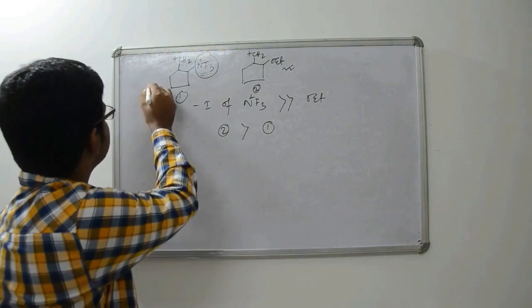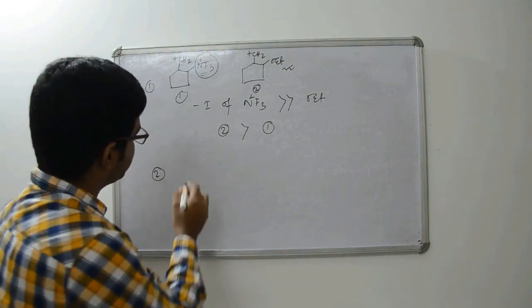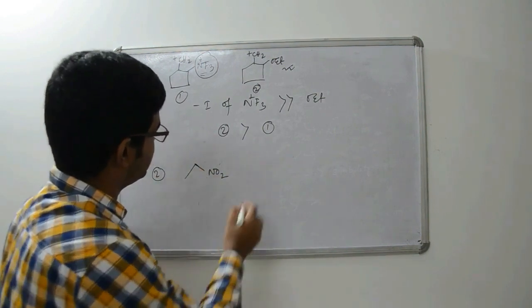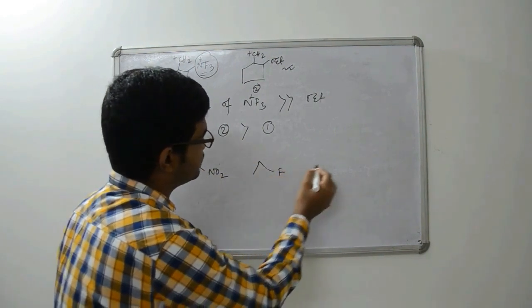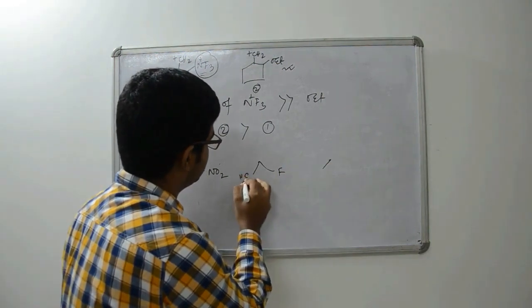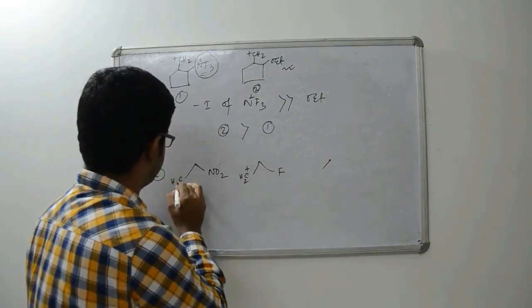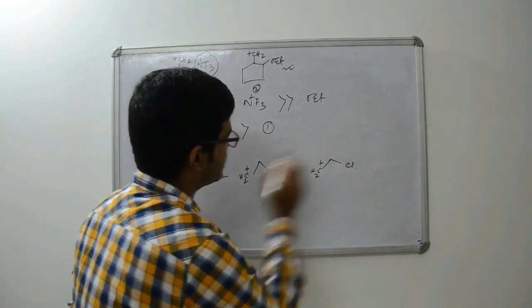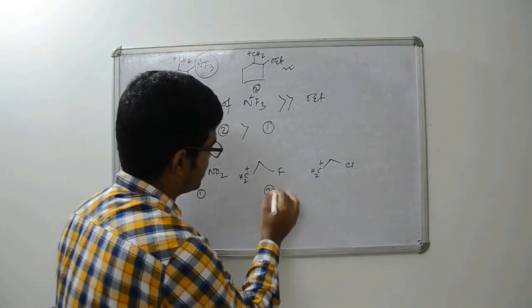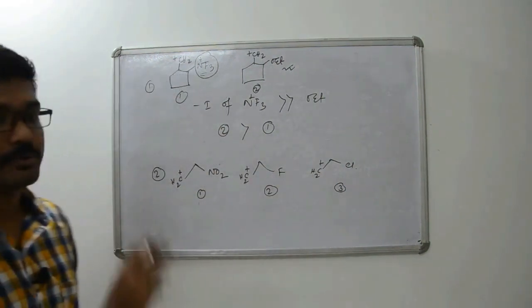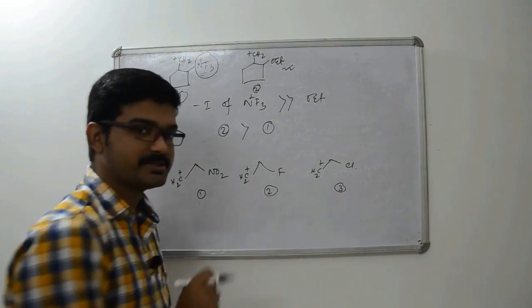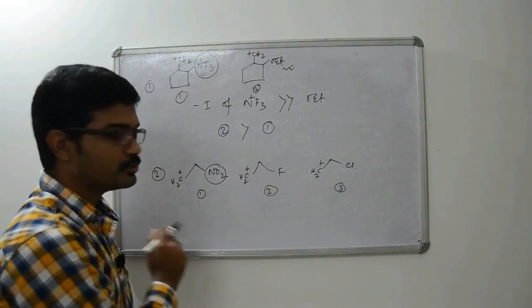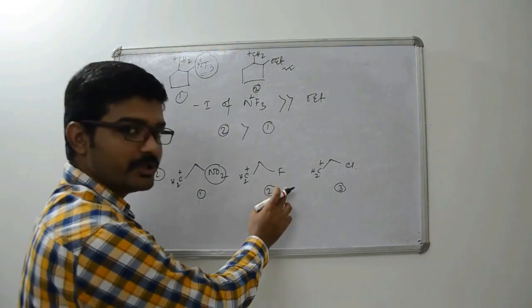Let us see another example. If we consider these three carbocations, we will see that the minus I effect of NO2 is much greater than fluorine.